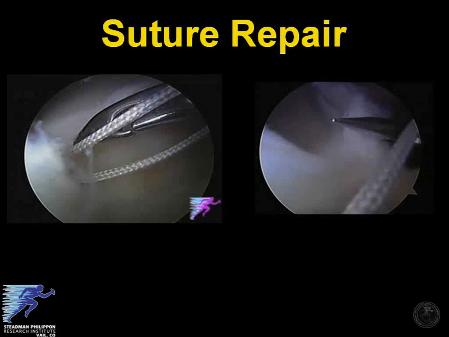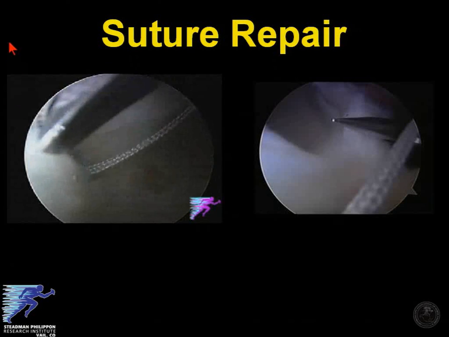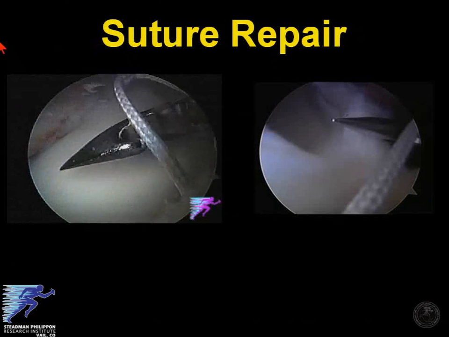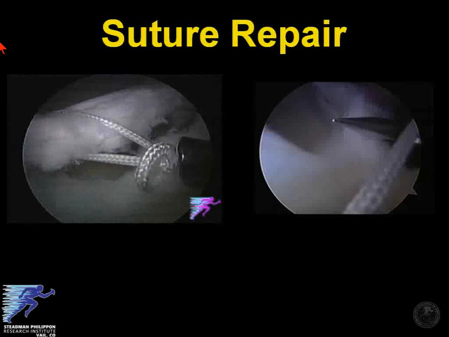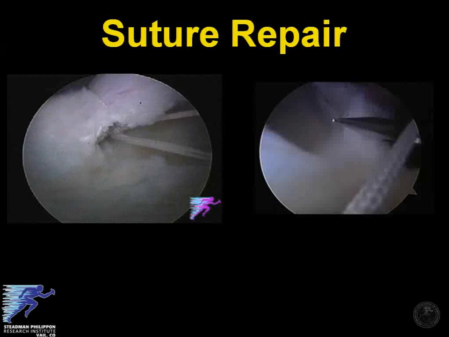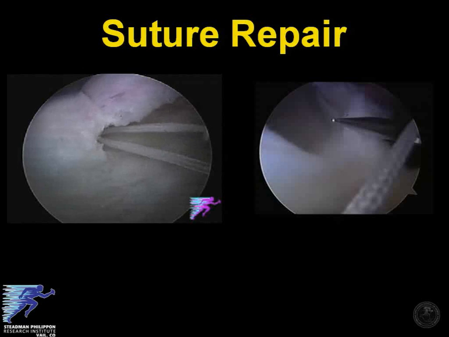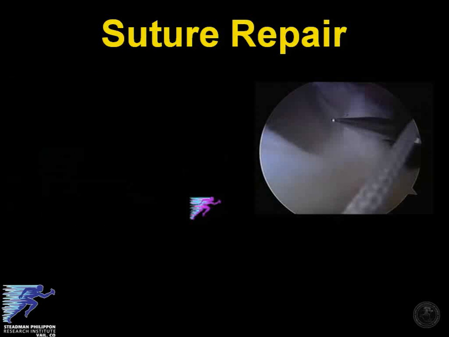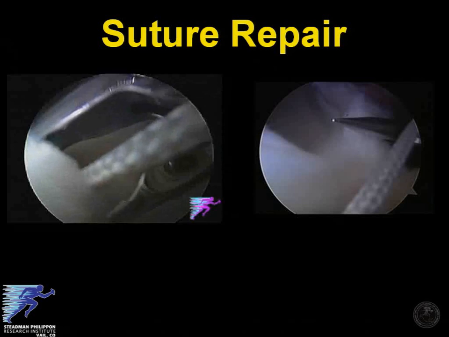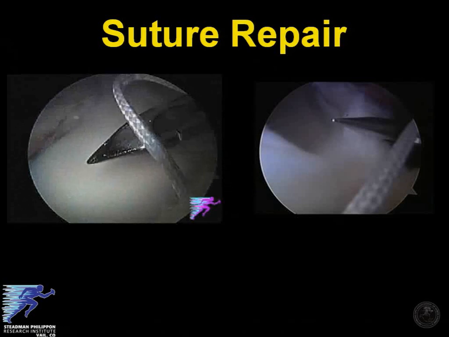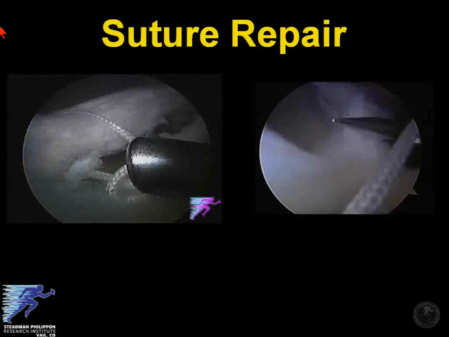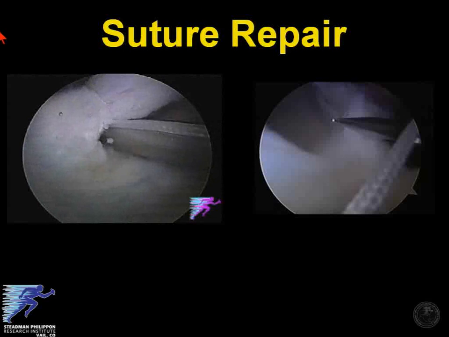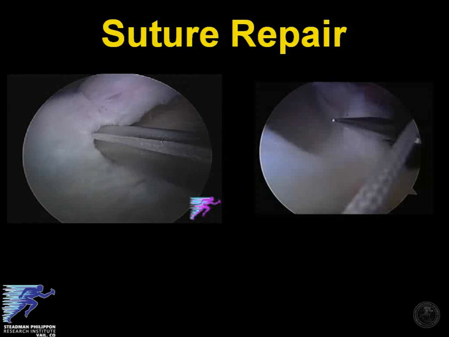Play the video, please. Here, this is a right hip. We're coming from the side portal, and I just want to show you this to show the importance of tensioning appropriately, but also the importance of suture management, so there's no interference from the suture and the adjacent soft tissue.